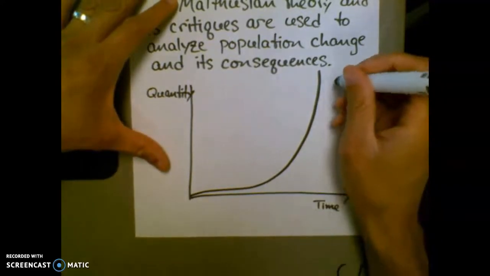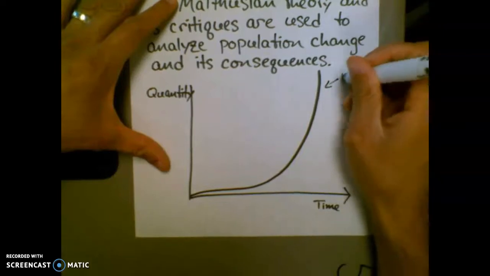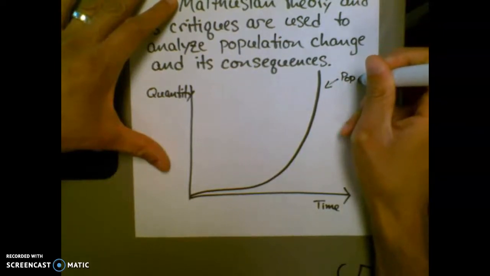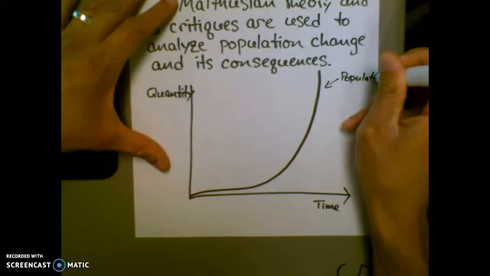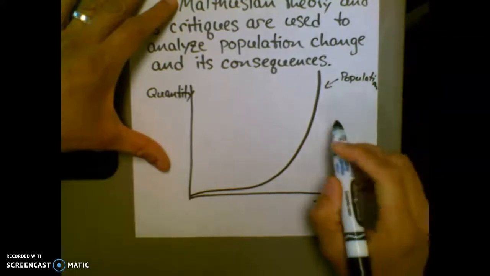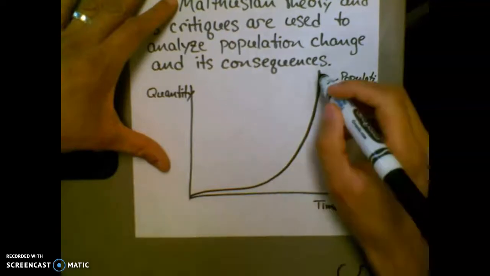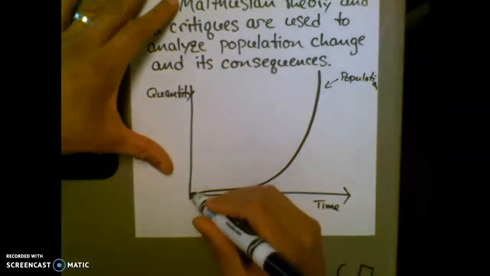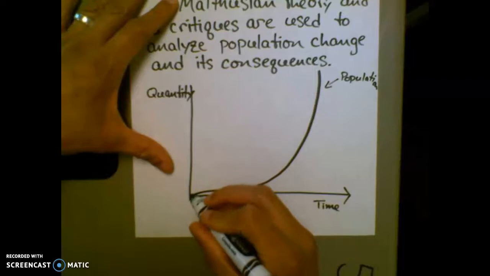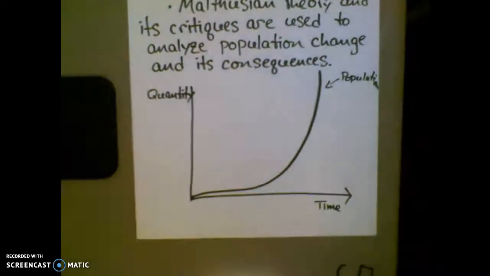Malthus, so this represents population. Unlike population, which followed an exponential curve, the food supply followed what we call a linear curve. So I'm going to grab a different color for food supply.